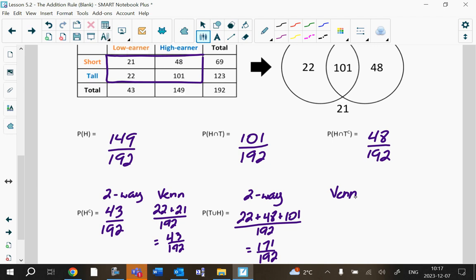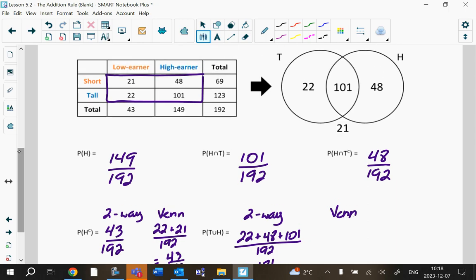Yeah, that'll do it. Because here's the ones that are just tall, here's the ones that are just high earners, here's the ones that are both. Or we could add the two and subtract the overlap.